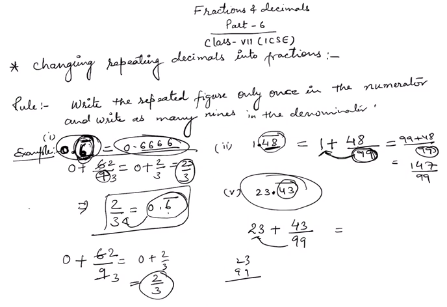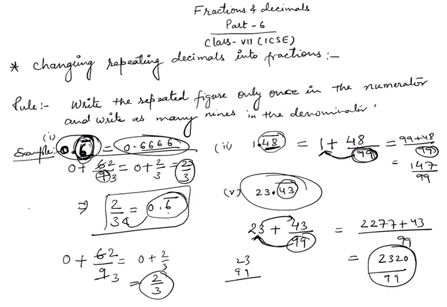I'll write it directly: 99 multiplied by 23 is 2277, and we add 43 upon this denominator. So 2277 plus 43 is 2320 upon 99. This is your fraction. So it means 23.43 is equal to 2320 upon 99.